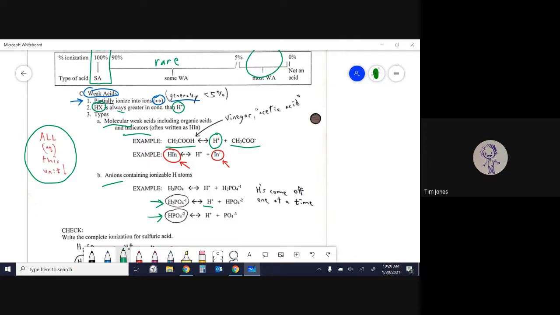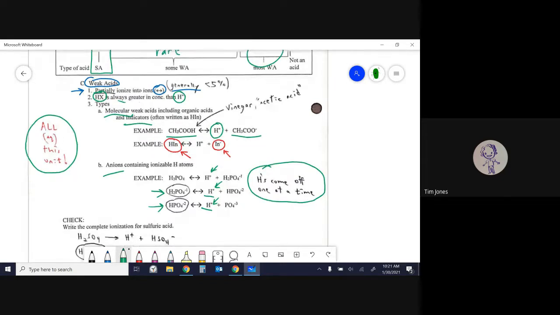Likewise, HPO4 2-, it's also a negative ion, and it also can lose that hydrogen in the right circumstances, and so on. And I made a note here that if you're ever asked to explain this or show this, I recommend you show them in separate steps. Don't take both of these hydrogens off at the same time. Or if you're starting with the very top here, phosphoric acid, don't take all three off at the same time. It's because each of these would have a different equilibrium constant, and it's best to keep them separate.